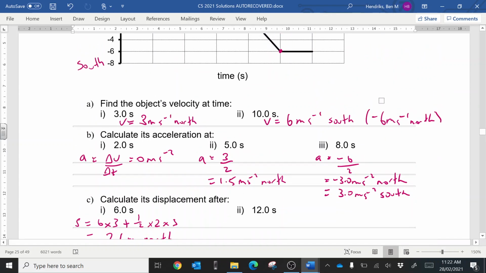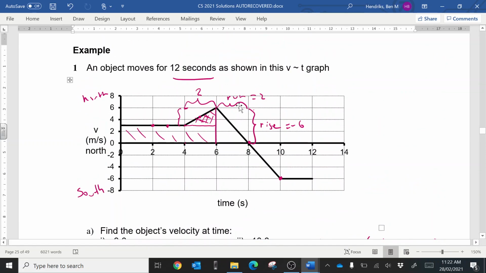At 12 seconds, we've already calculated everything up to 6 seconds. Now we need to calculate the triangle in here. I'm not using my ruler, I'm just trying to do as straight a line as possible.